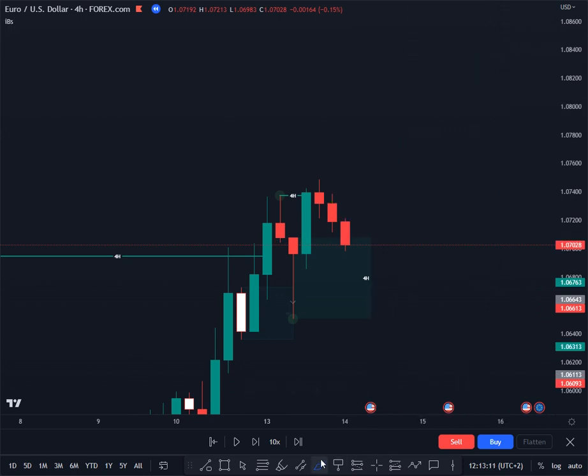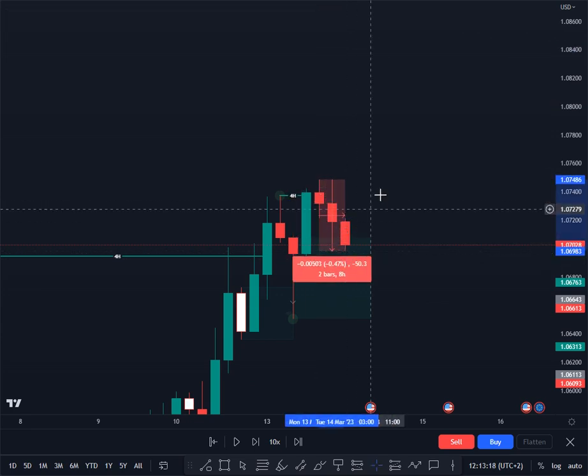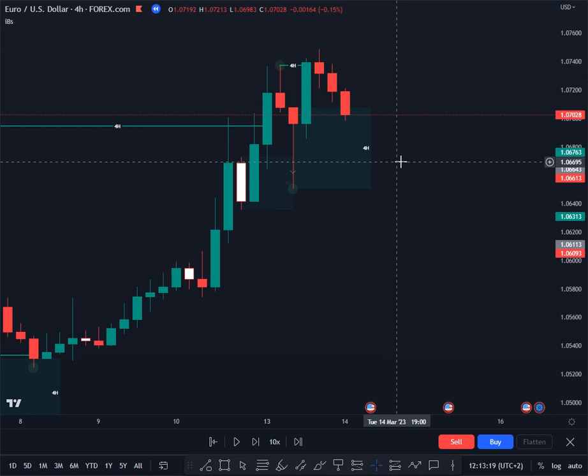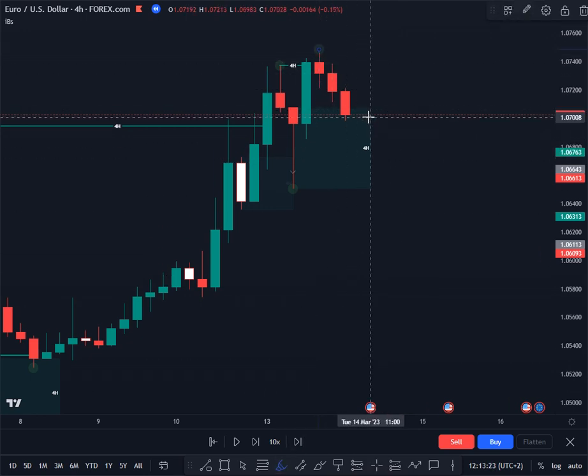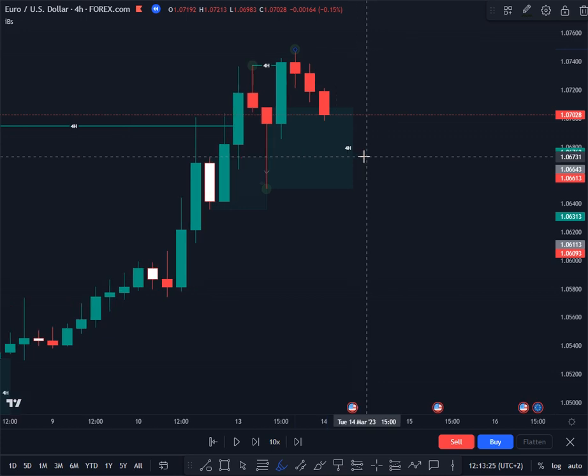So let's see, has price reversed 40 pips? Yes, that's a 50 pip pullback, so I will as a result mark that as my swing high, right?